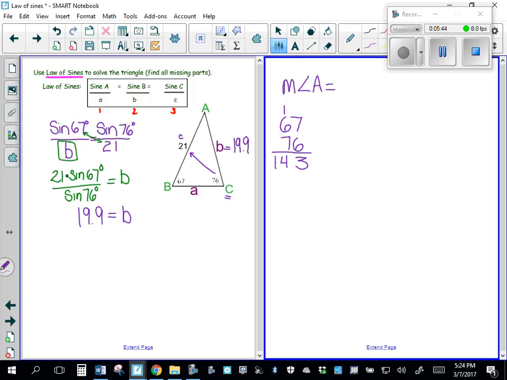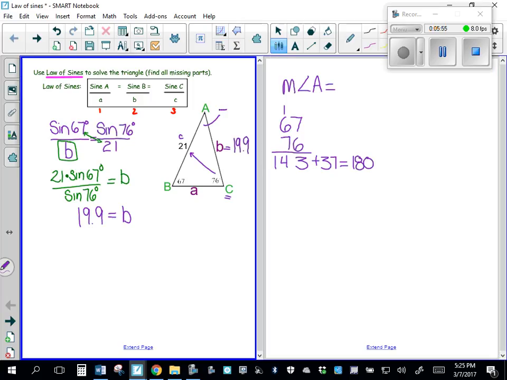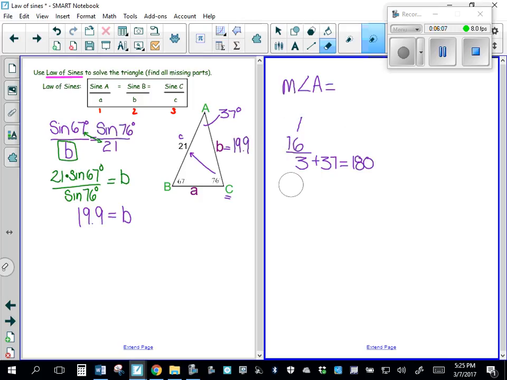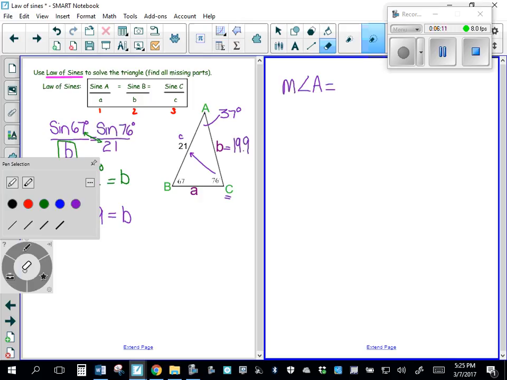So to complete the 180 degrees, I would need 37 more degrees. So I need to find that out in order to use the law of sines. So I'm going to erase this scratch work here. And I know that the measure of angle A is 37 degrees.